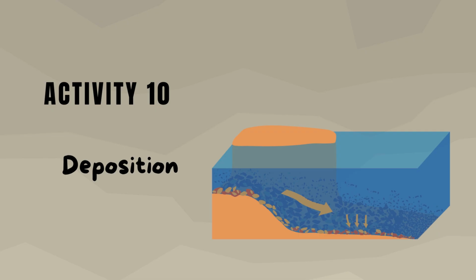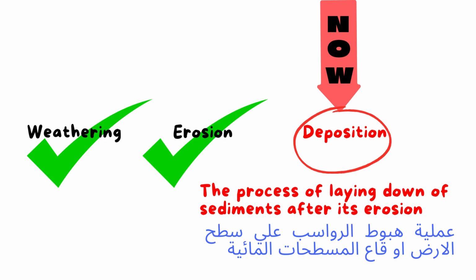Now we will go to activity 10, deposition, okay? We studied the weathering process, the breaking down of the rocks, yes, and the second process, which is erosion, moving these weathered rocks by wind, water, or gravity. And now these sediments will stop in some place, okay?